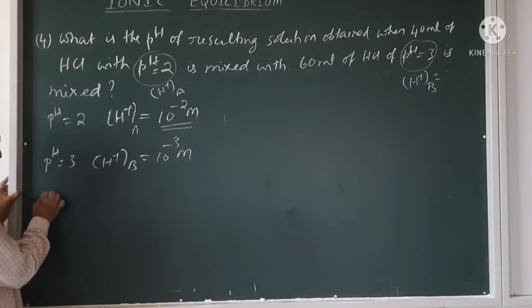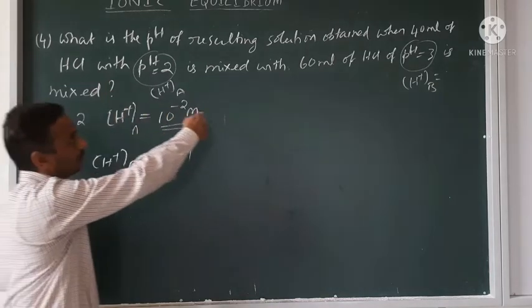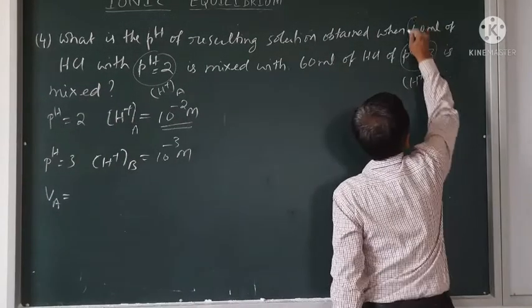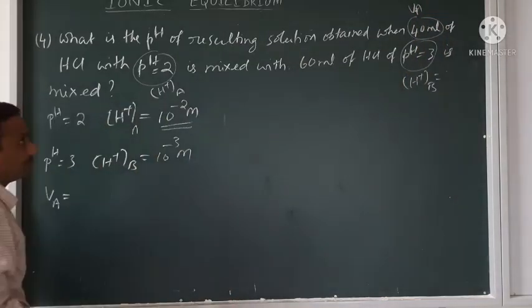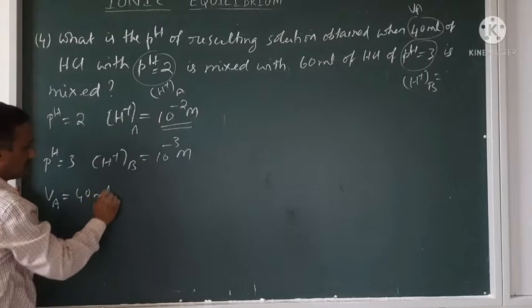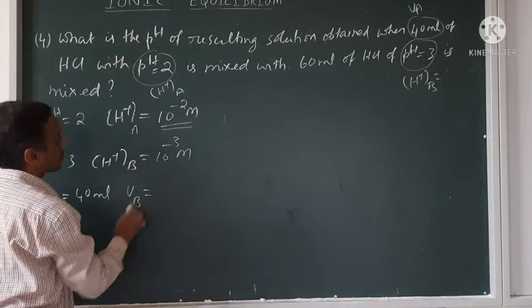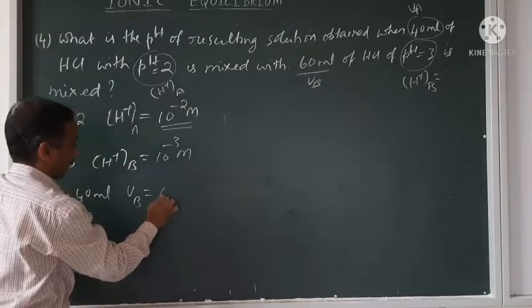The volume of A solution is given as 40 ml, and the volume of the B solution as 60 ml.